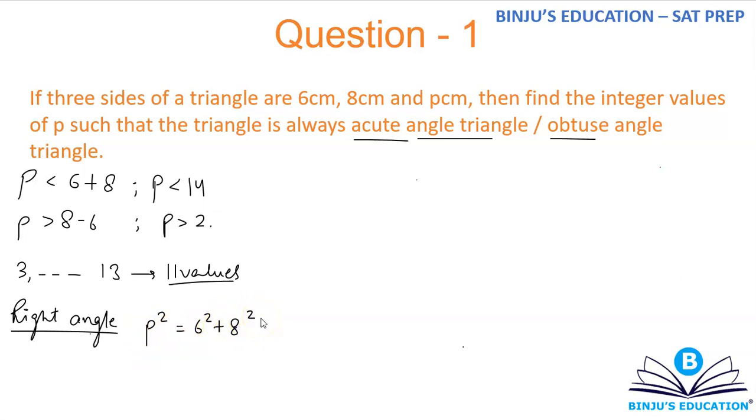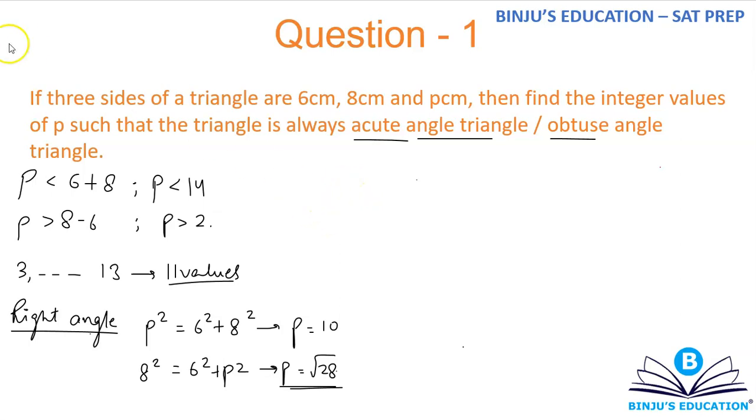Also, 8 can be the hypotenuse, so 8 square can also be equal to 6 square plus p square. From here you will get p equal to 10, and from here you will get 64 minus 36, which is 28, that is root of 28. Now root of 28 is not an integer value, so the only integer value which will give you a right angle triangle is 10, which means out of these 11 values, 10 will give you a right angle triangle.